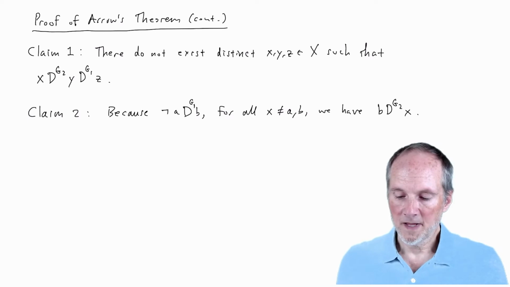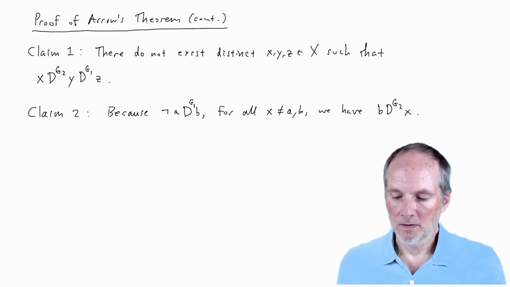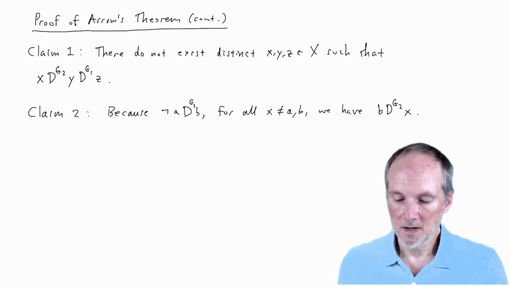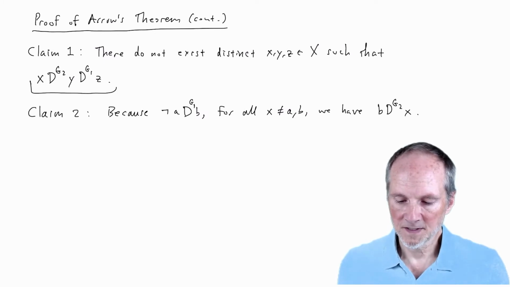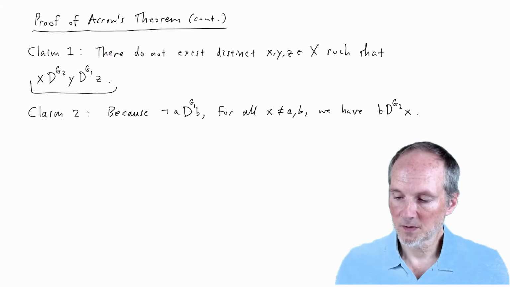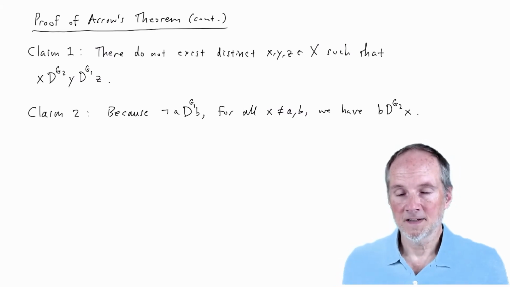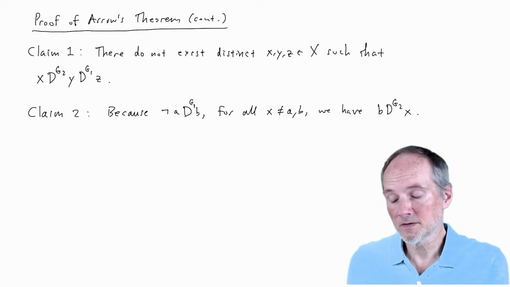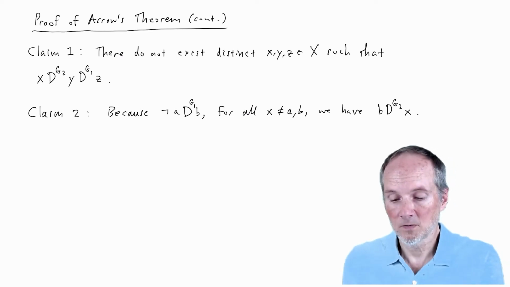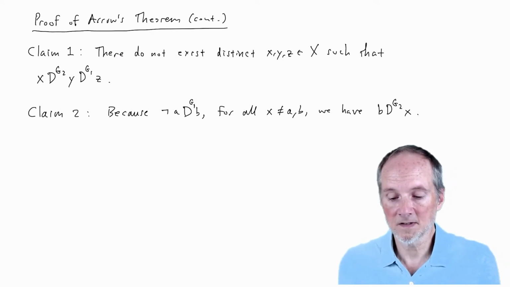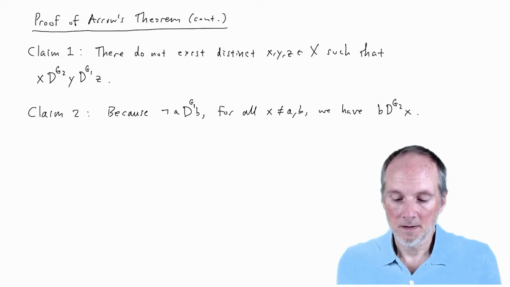So we've shown that there are not alternatives X, Y, and Z with this chain of decisiveness for the two groups. G1 and G2 are not decisive, but they could be decisive for some alternatives over some others. It's just that those decisiveness conditions can't form a chain like this.